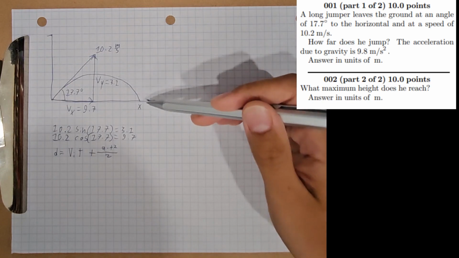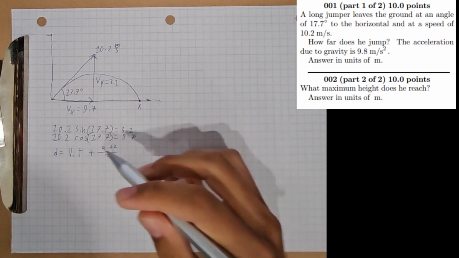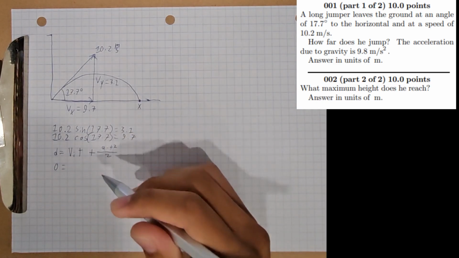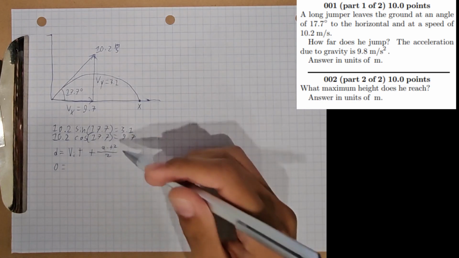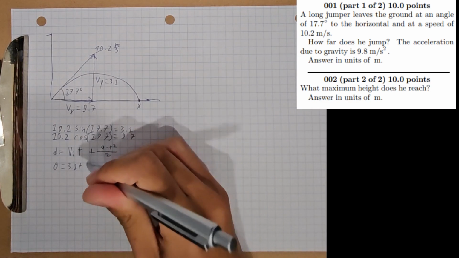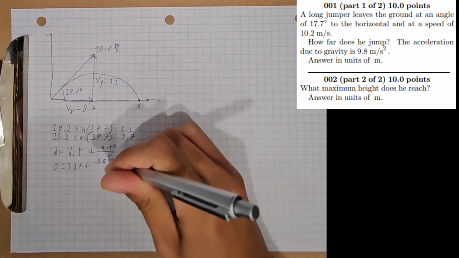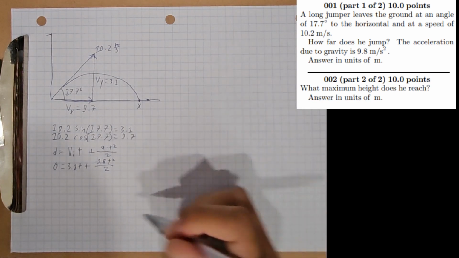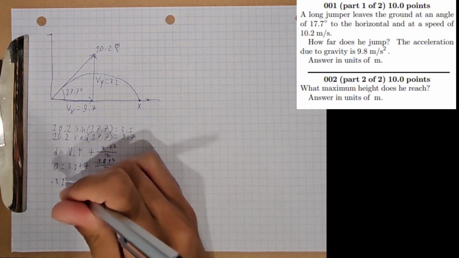So we know that the jumper ends up at a 0 y position and starts at a 0 y position, meaning that the change in distance is 0. The initial velocity is going to be this 3.1 we found earlier, so 3.1 t plus negative 9.8 for gravity, a, t squared over 2, and then we can solve for t. So subtract 3.1 t.